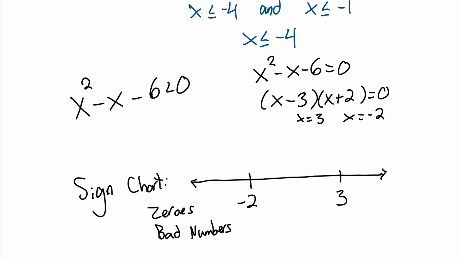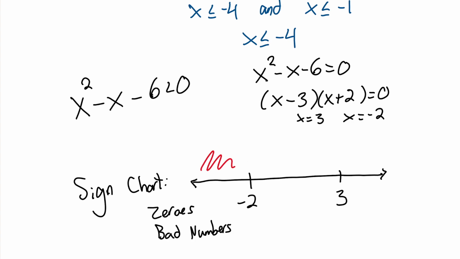But on a continuous function like polynomials, where it's just one continuous line, to go from negative to positive, it has to cross the x-axis, right? And the zeros are the places where it crosses the x-axis, so therefore these are the only places where it can go from negative to positive. So what we do is we say, okay, well, we're looking at 3 regions then, right?